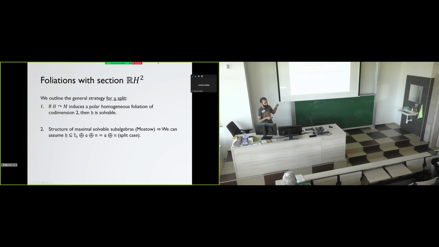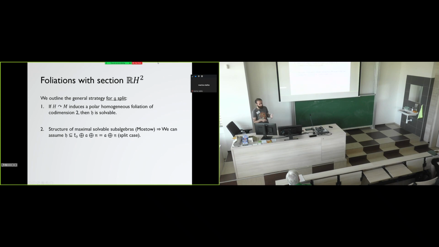So we go to a result from Mostow on maximal solvable subalgebras, and we can deduce that up to orbit equivalence, H is contained in the direct sum of K0, A, and N. But since we are assuming that we are split, we know that K0 is 0, so we get that we are in A plus N. And we go back to your question, Ramiro, that now we have the main advantage that from this we obtain that every subalgebra of A plus N corresponds to a closed subgroup, which induces a foliation.